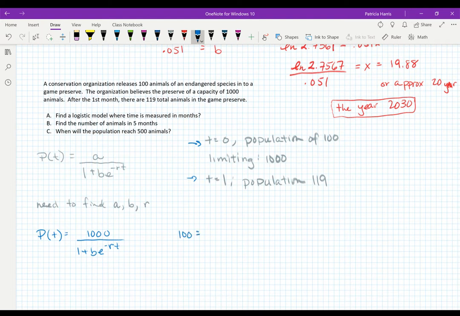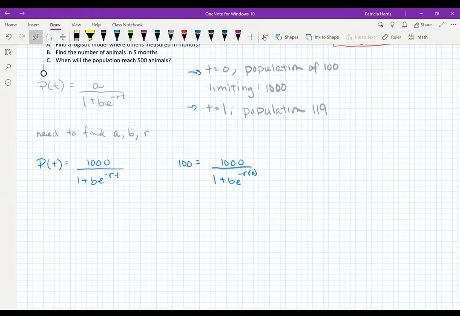So our population is 100. When I plug in a 0 for time, we get e to the 0, and e to the 0 is equal to 1.